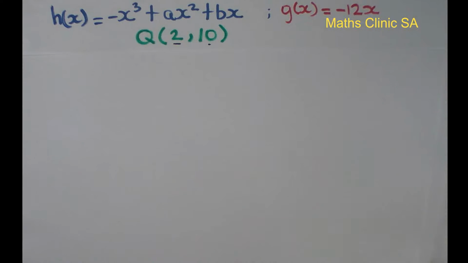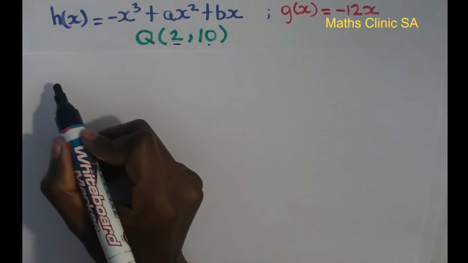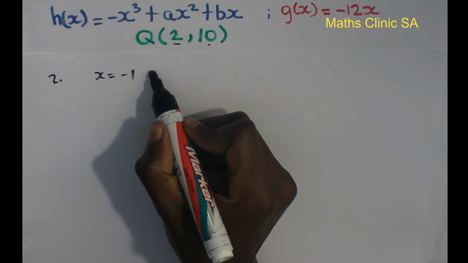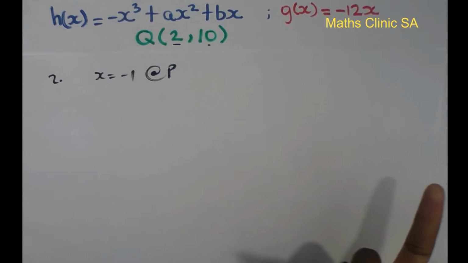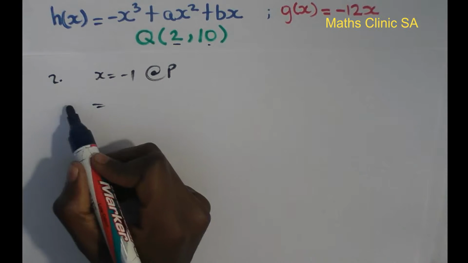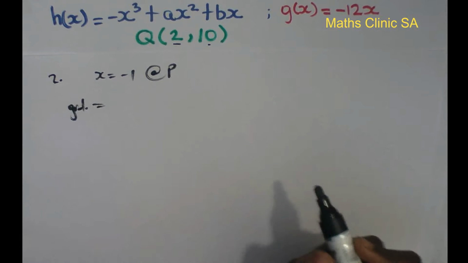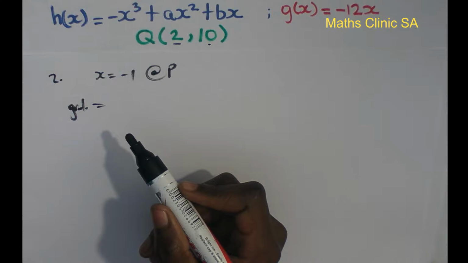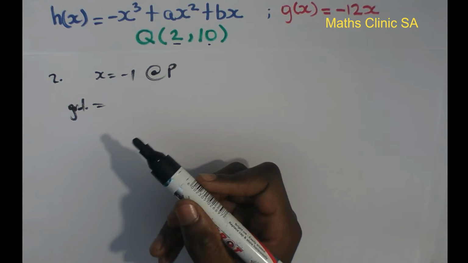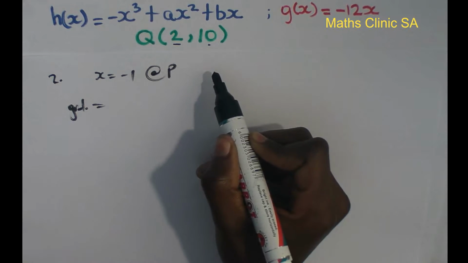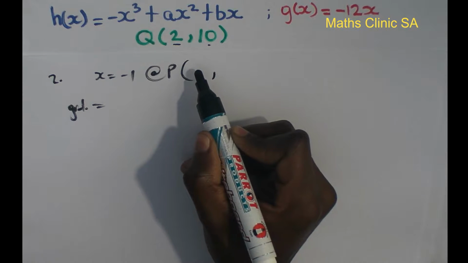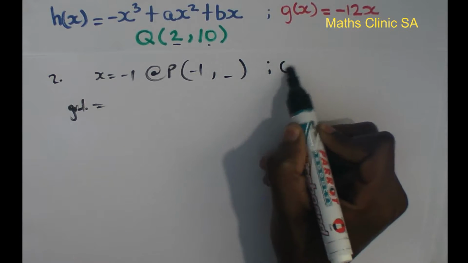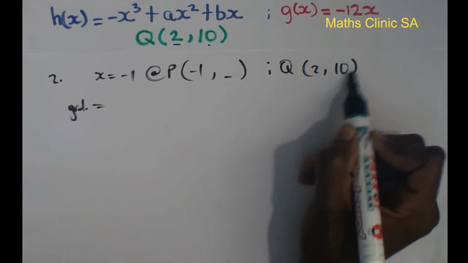The next question: calculate the average gradient of h between P and Q, if it is given that x equals minus 1 at P. So we use the gradient formula, with y values on top and x values at the bottom. The x value at P is minus 1, and the y value is not given.